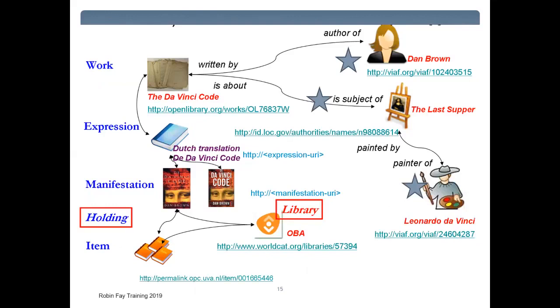So, from an authority standpoint, looking at this great model, it's been kicking around for a while, but it is a great model, looking at the subject and the authority aspect of it, you have for The Da Vinci Code, Dan Brown is the author. You have The Last Supper, so there's your topic. And then The Last Supper, of course, you have that relationship between the artist and the work, because it is about The Last Supper, which is of course a work by another, in this case an artist.